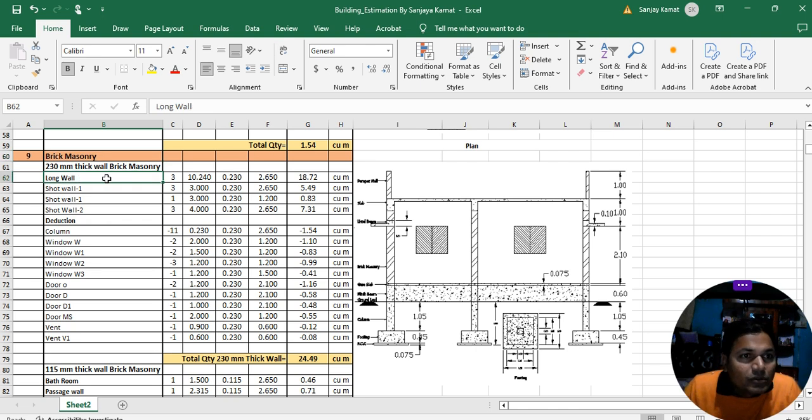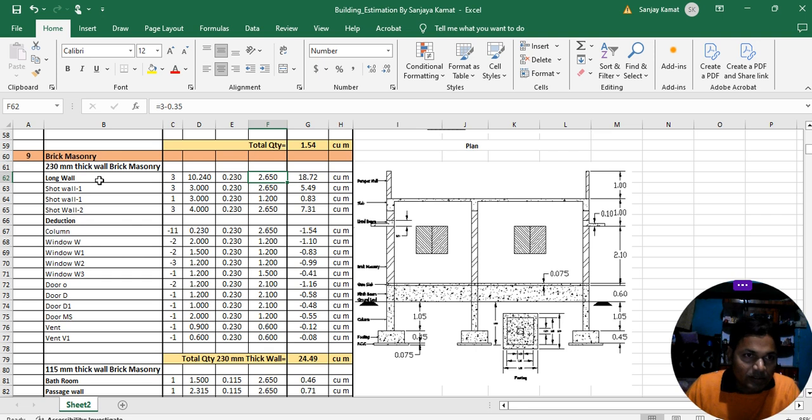So see, how many long walls are we going to estimate? 3. For these long walls, the length of each wall should be 10.240 meter, the breadth 0.230 meter, and the depth 2.650 meter.